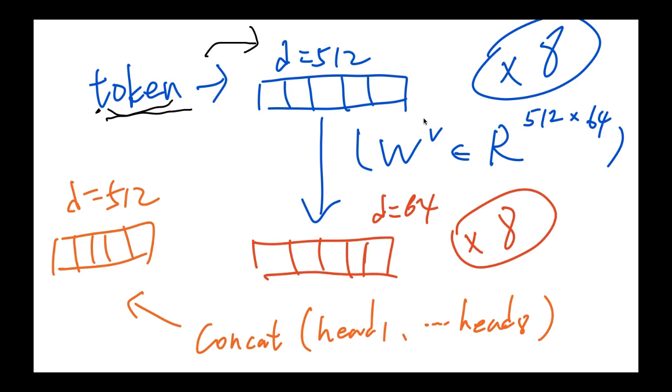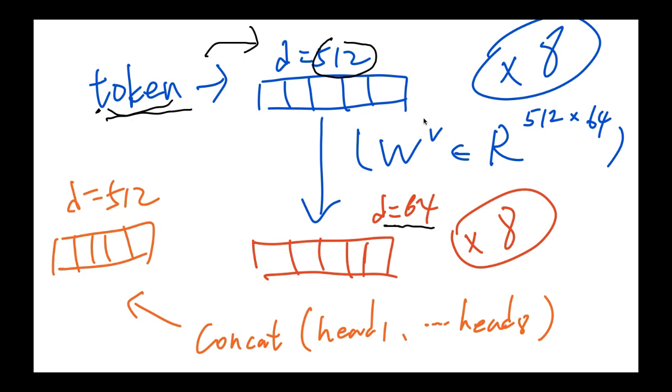Or you can call them 8 different attention heads. I will call them attention heads instead. Every attention head will have one learned projection layer, which will reduce your dimension from 512 to 64.